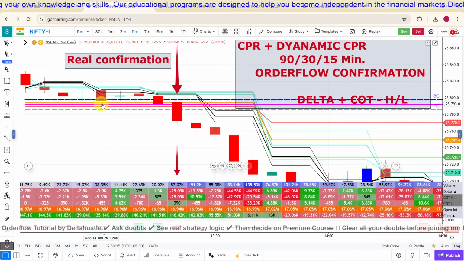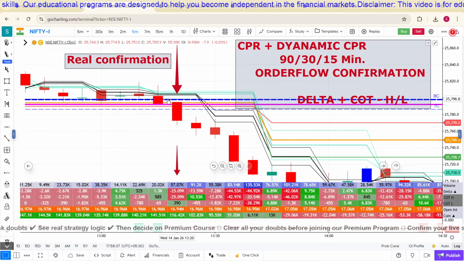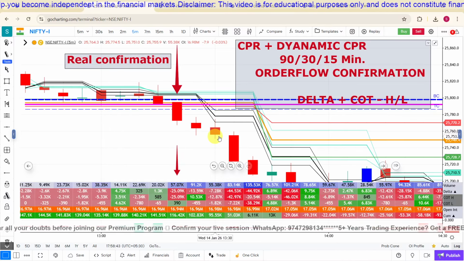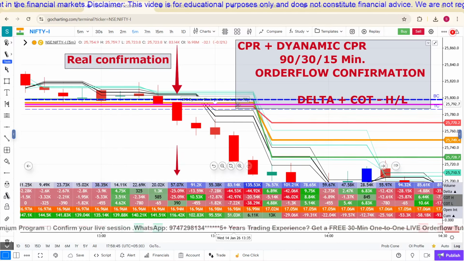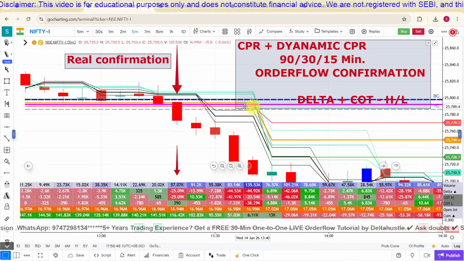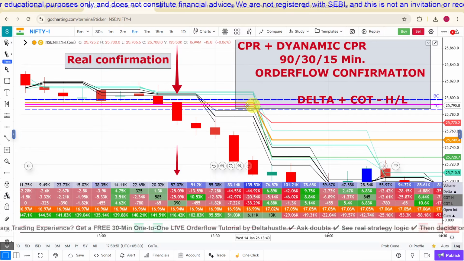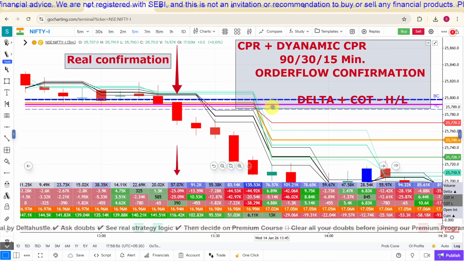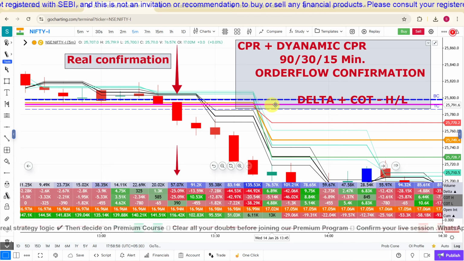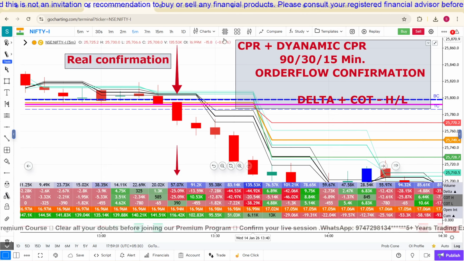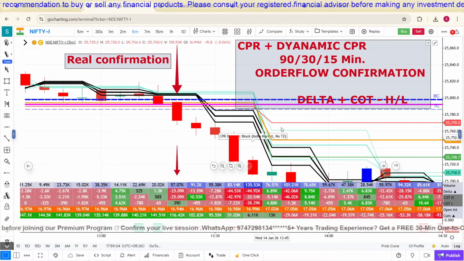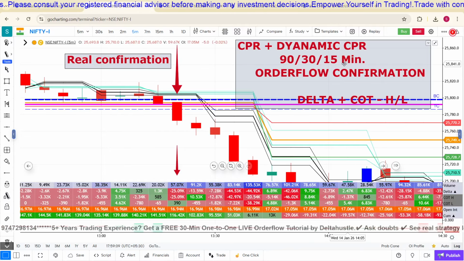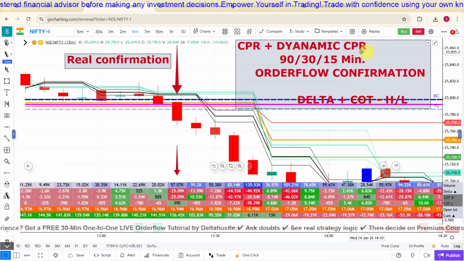And this is CPR. Hope you have a thorough understanding about what is CPR and its evaluation. And CPR generally indicates the price volatility. It considers only the expected price volatility, right? Okay. So in this tutorial, we are clubbing this CPR with the three different time frame dynamic CPR.